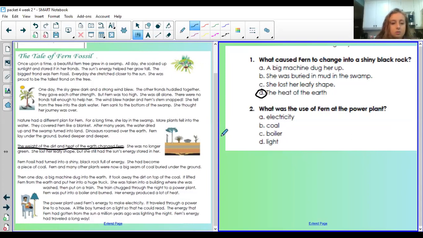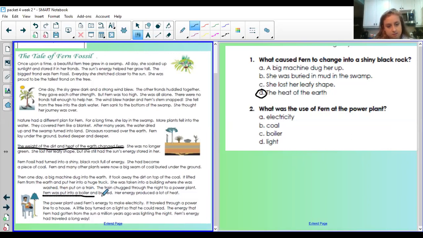The train chugged through the night to a power plant. Fern was put into a boiler and burned. Her energy produced a lot of heat. So I'm going to underline that. So what she was used for at the power plant was she was used as coal, which produced some heat.